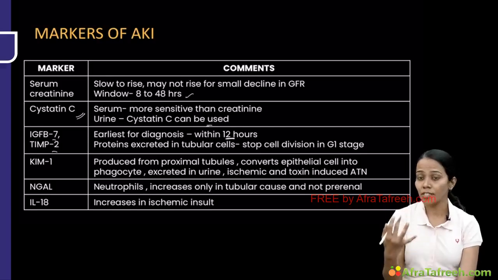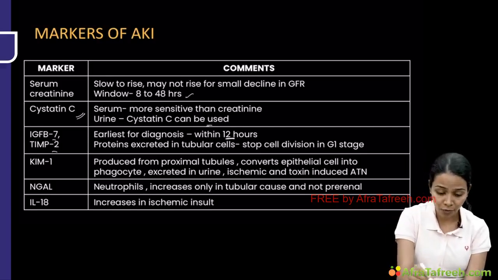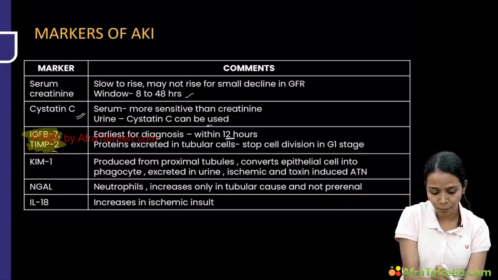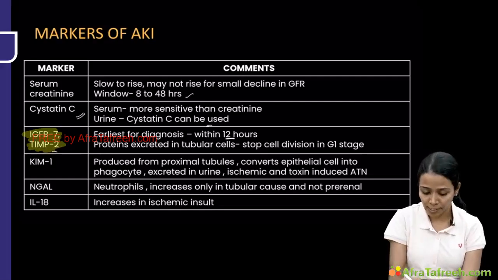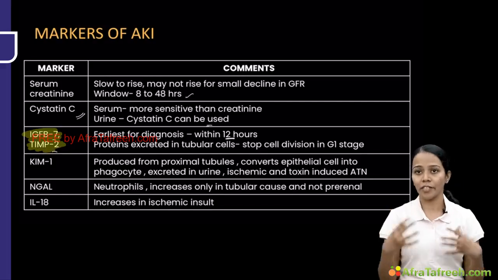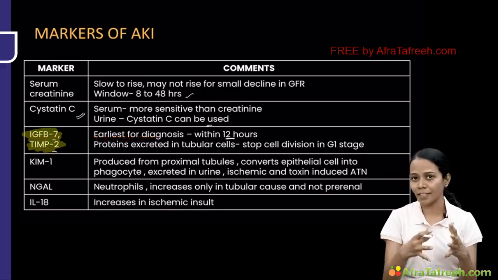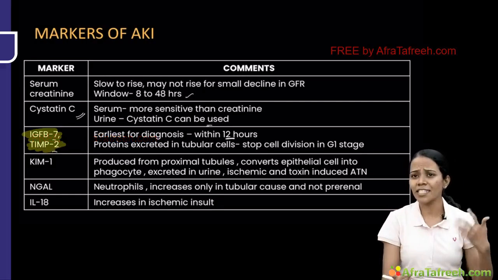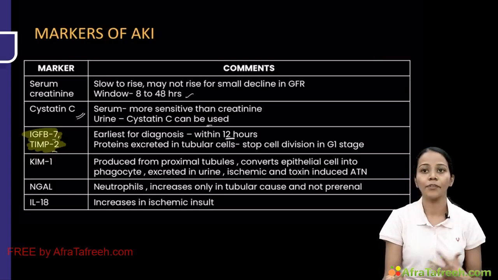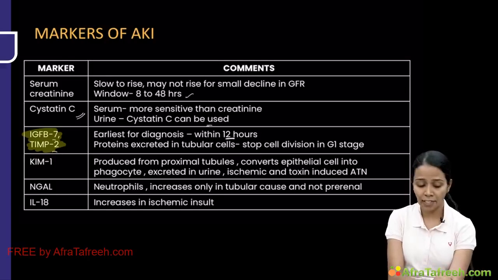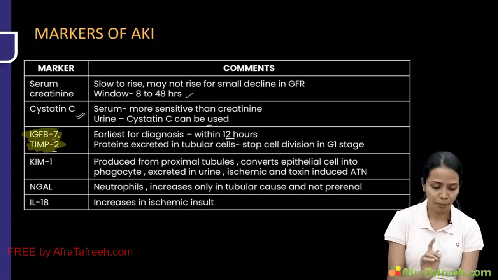So if they ask which is the biomarker which is earliest for diagnosis, then it is IGFBP7 and TIMP2. Okay. And these are the proteins excreted by the tubular cells, and their function is whenever injury happens, it stops the cell division. Okay, so that further cell proliferation and activity is prevented. So it's like a protective mechanism. So IGFBP7 and TIMP2 are the earliest biomarkers.